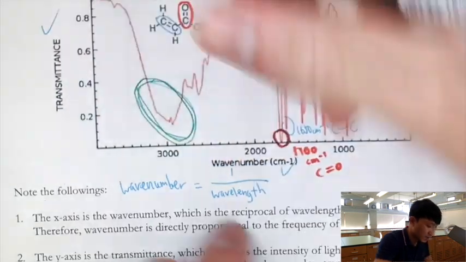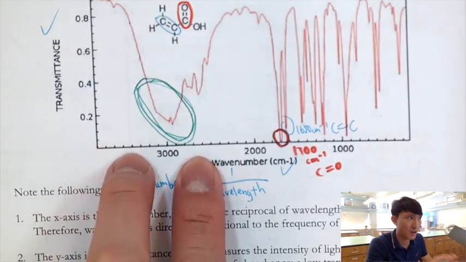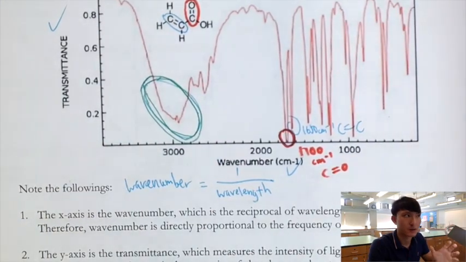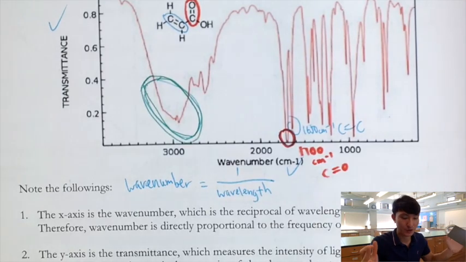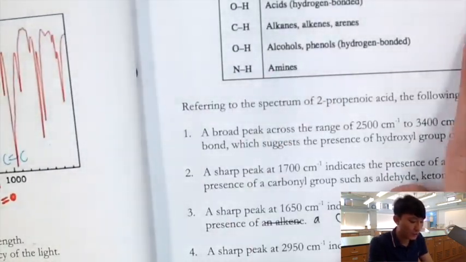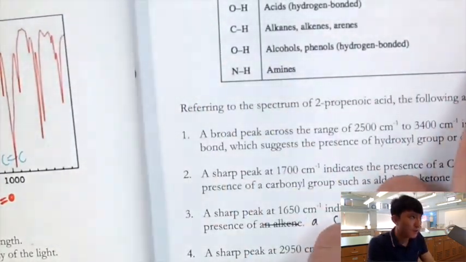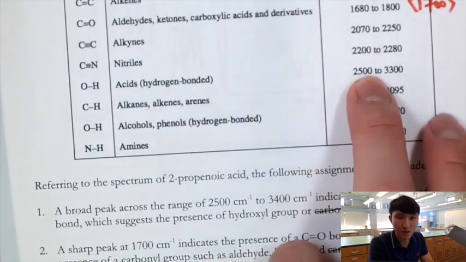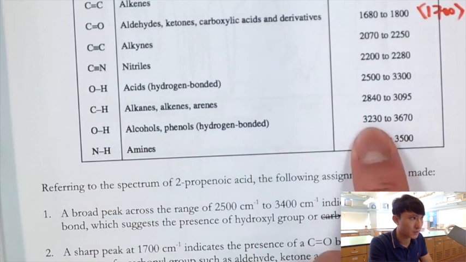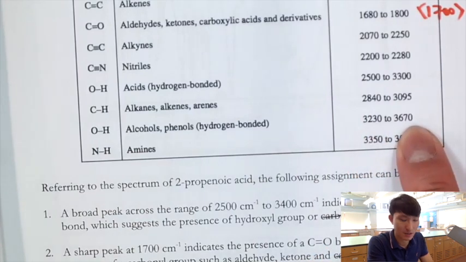So this one, we are usually talking about a range between 2,500 to 3,500. Okay, so we have a wider range. If you check out the table on the right hand side, for this range, it could either be this one, 2,500 to 3,300, or this one, 3,200 to 3,600.